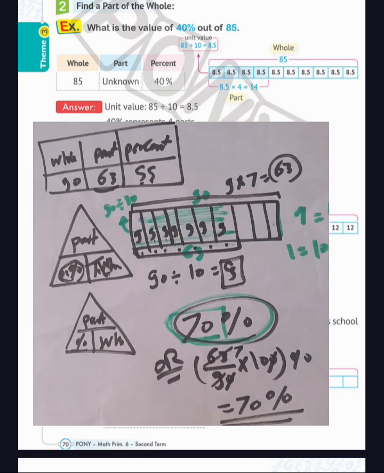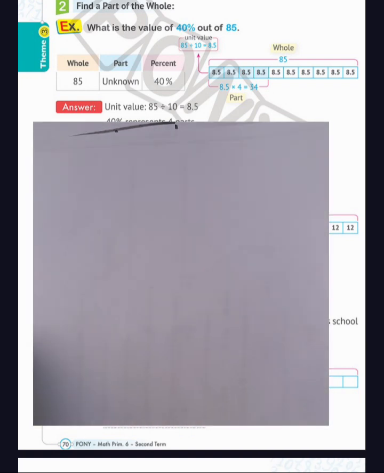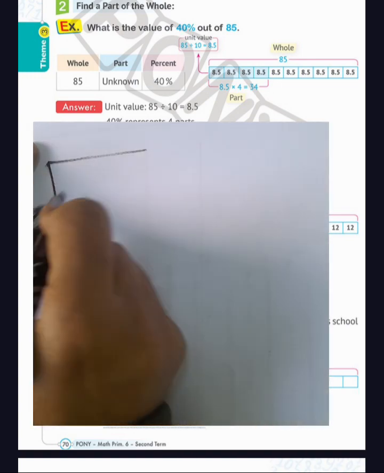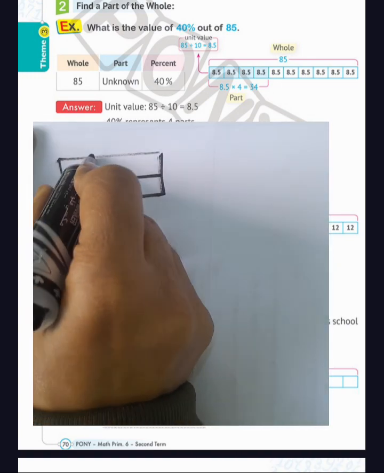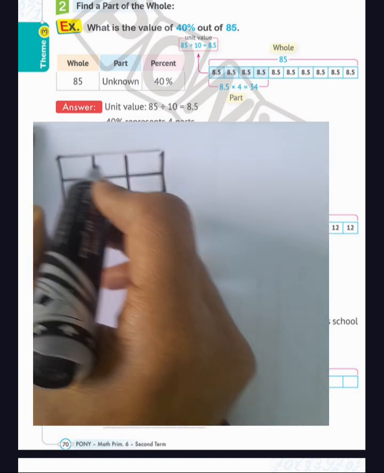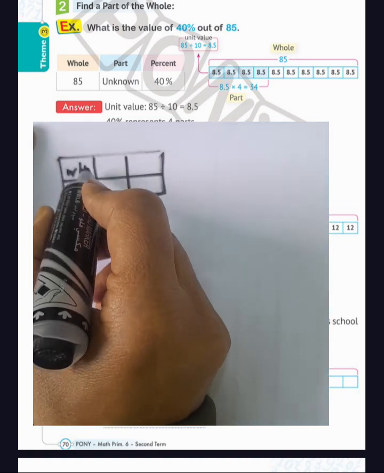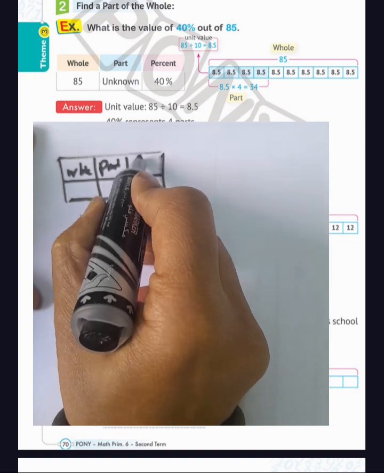Here, I will explain this method. We have a table. He gave us this table here and divided it into 3 parts. Right here, whole and part and percent.